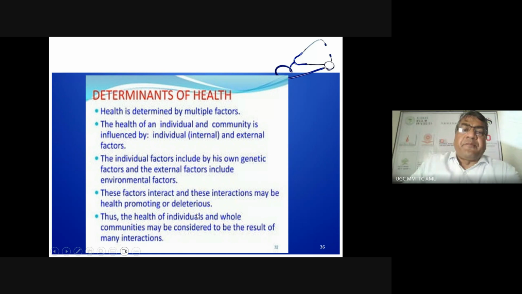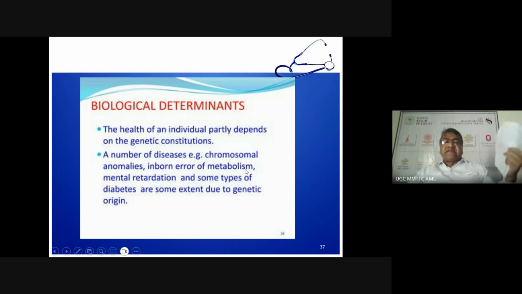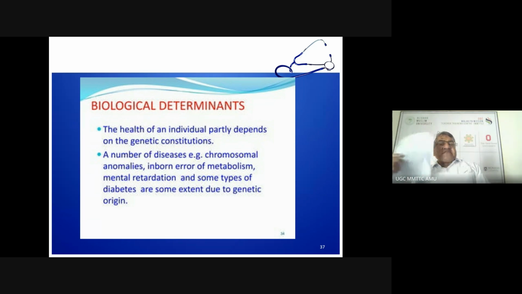Biological determinants of health: the health of an individual partly depends on genetic constitution. As I told you, this is the internal environment. A number of diseases like chromosomal abnormalities, anomalies, inborn errors of metabolism, mental retardation, and some types of diabetes are to some extent due to genetic origin.